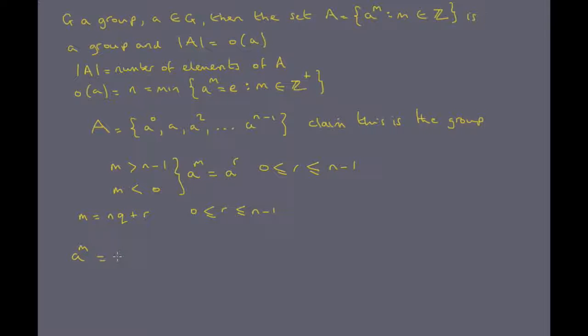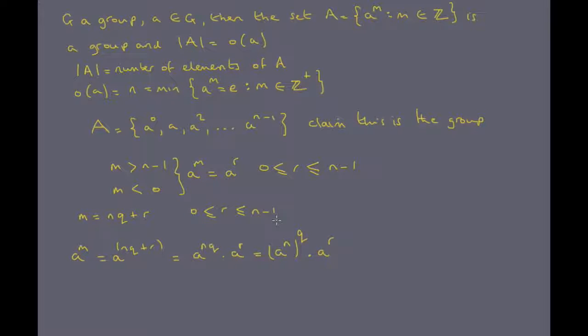So a to the power of m equals a to the power of nq plus r, equals a to the power of nq multiplied by a to the power of r, equals a to the n, all raised to the power of q, multiplied by a to the r.